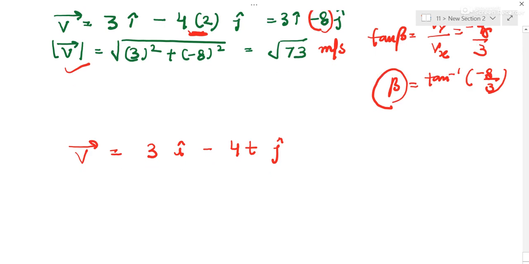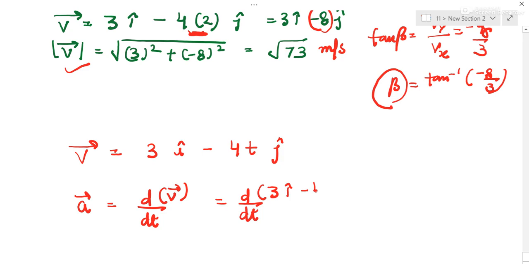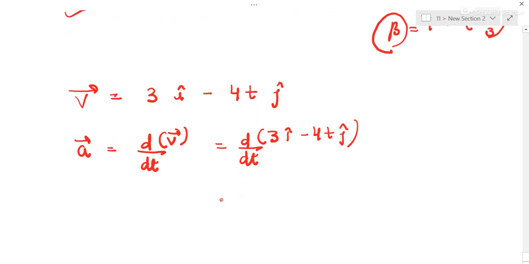Now in order to find out acceleration, I will be differentiating it once more. d by dt of velocity. Velocity's differentiation is acceleration. So we'll substitute d by dt of 3 i cap minus 4t j cap. So 3 will come forward, but there is no power of t, so its differentiation will be 0.